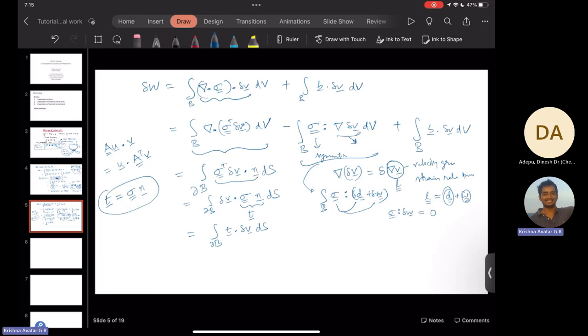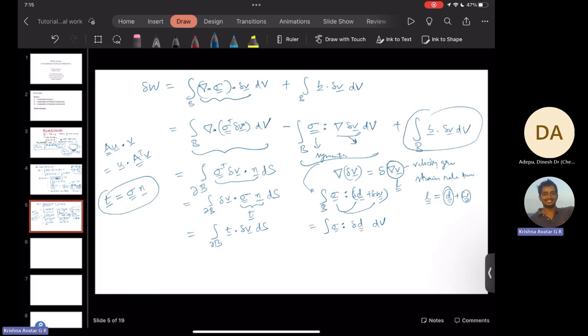This can easily be derived: a symmetric tensor double contracted with an antisymmetric tensor is 0. So all we are left with is sigma and the symmetric part D. With this term we don't require to do anything.